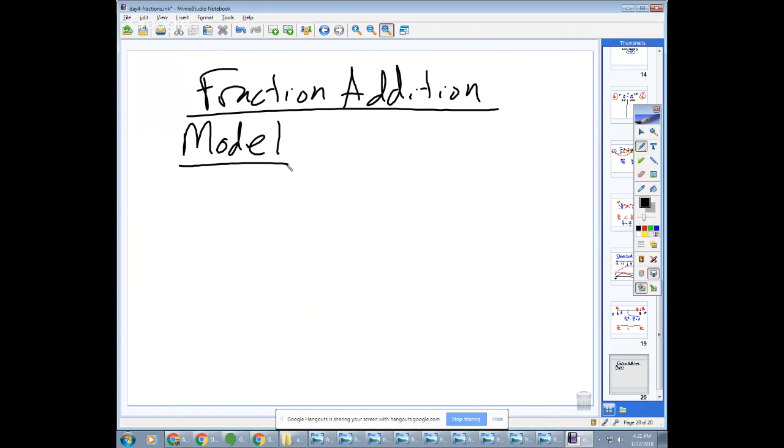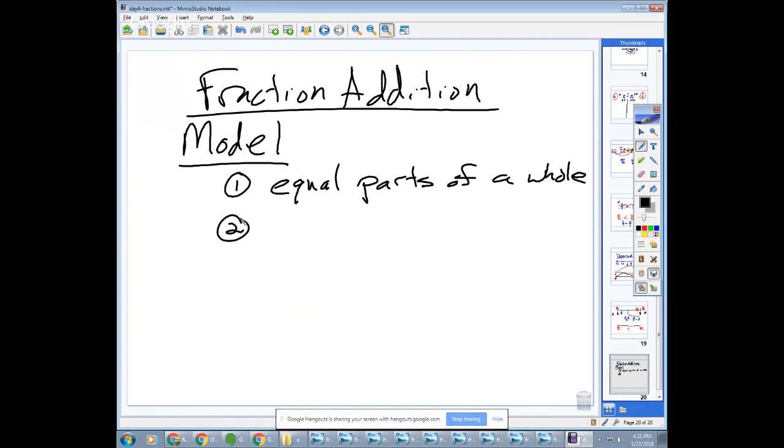So to do this, number 1, I need to know fractions are equal parts of a whole, and that addition means to combine and count. And so we'll look at a simple example with some cakes, and then we'll branch over to our pattern blocks.